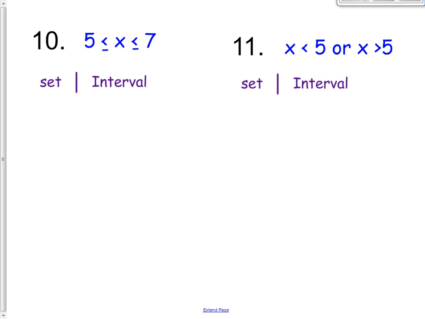So now we have, here's 5, here's 7, and it's everything in between. So x is greater than or equal to 5, and it's less than or equal to 7. So we have a closed circle, closed circle. So x such that 5 is less than or equal to x, which is less than or equal to 7.